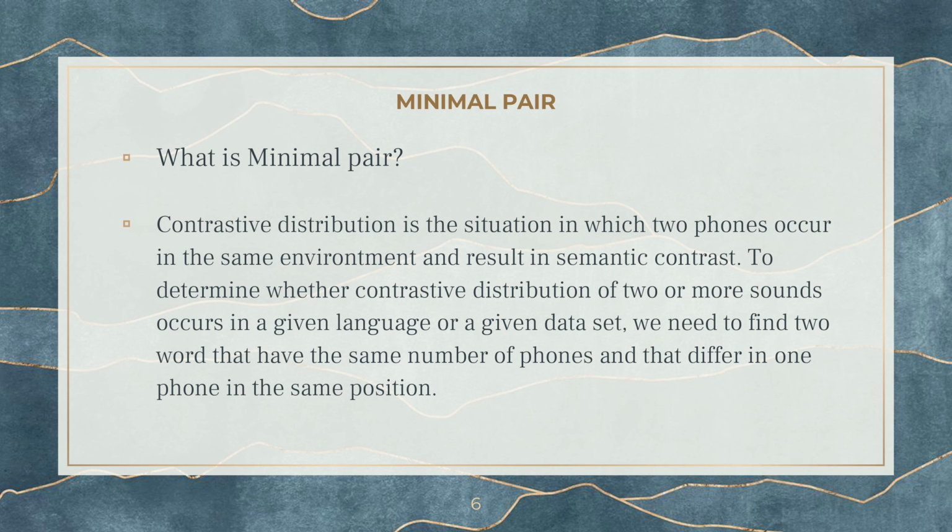Contrastive distribution is the situation in which two phones occur in the same environment and result in semantic contrast. To determine whether contrastive distribution of two or more sounds occurs in a given language or a given dataset, we need to find two words that have the same number of phones and that differ in one phone in the same position.